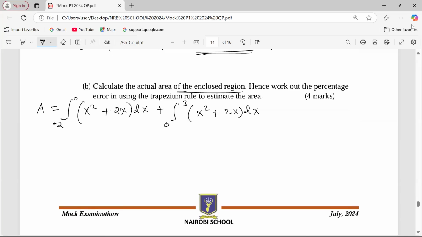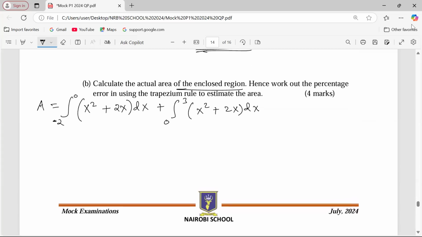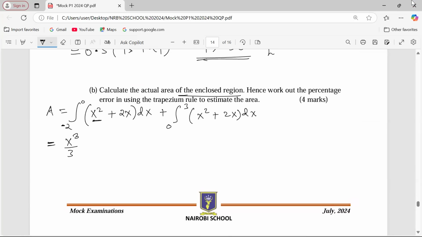So this is what we shall be integrating now. Be very careful in this integration. When we integrate the first part, x squared, the power increases to 3, and the new power divides. So we have a third x cubed, plus we have 2x. So x becomes power 2, and the new power divides, so 2 will cancel.